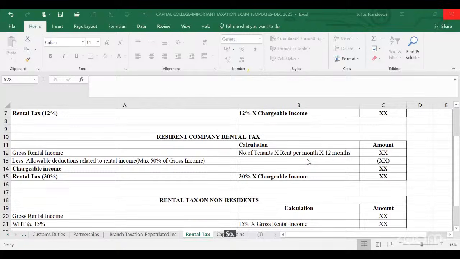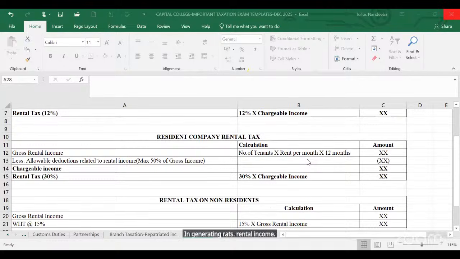So for the company, this is what you do. Aggregate all the gross rental income for a year, 12 months. Step number 1. Step number 2, you are going to remove all rental expenses incurred in generating that rental income.